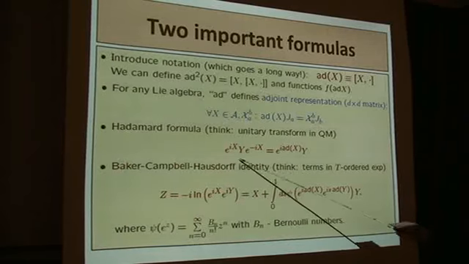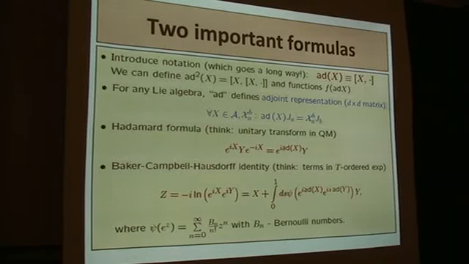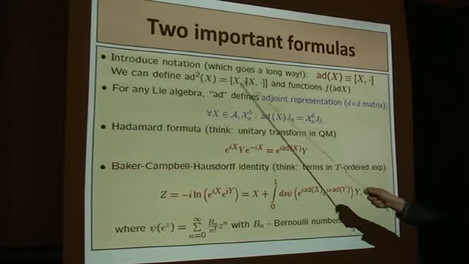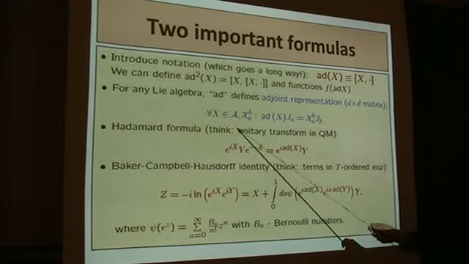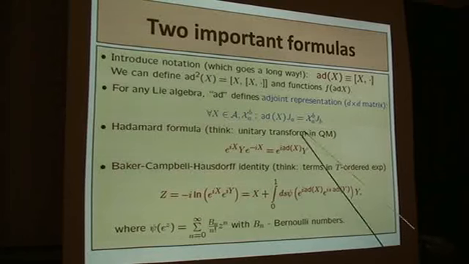I oftentimes have to calculate such products, and it turns out that these products do not really depend on the representation that I choose on the Hilbert space. They're entirely determined by the commutator. So this symbol that you oftentimes see in the mathematical literature basically just means equivalent to the commutator. And it's very convenient because one can easily define the square of this operator, which basically means just a double commutator, or a function of this operator. So, for example, this Hadamard formula can be written in this form.